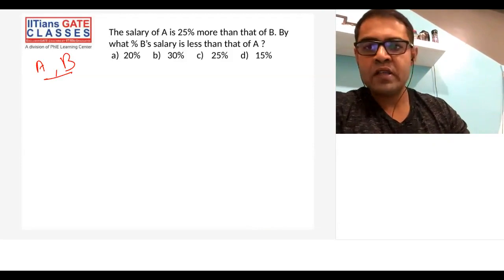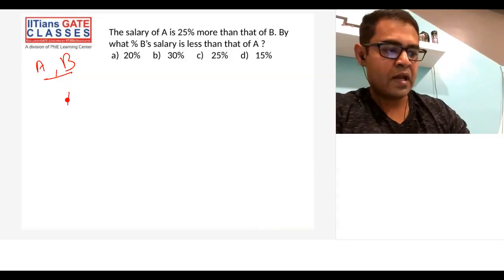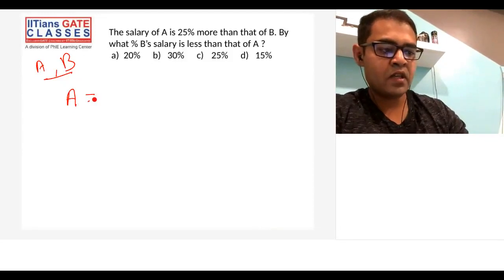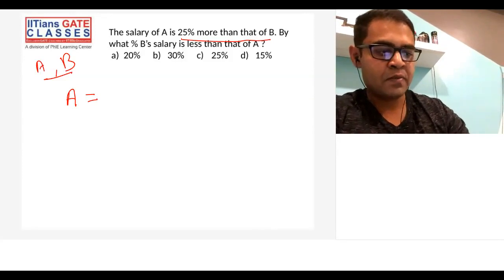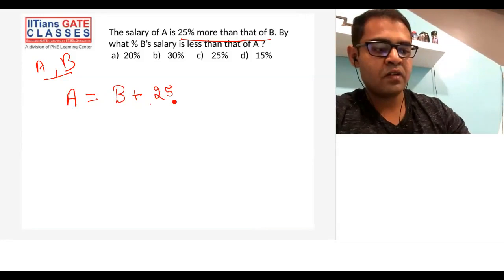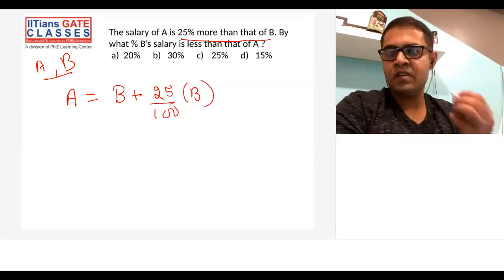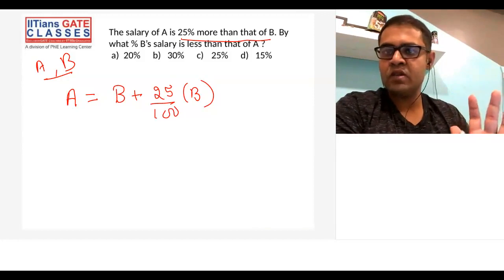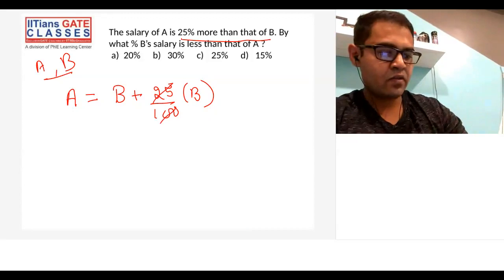Now see how I'll convert this particular statement into an equation. The salary of A is, meaning equal to, 25% more than that of B. That means the salary of B plus 25% more of B. So simply the first statement is converted to an equation by this means. Very easy. So I'll just cancel out a few things to simplify. So A is nothing but B into 1 plus 1 by 4.